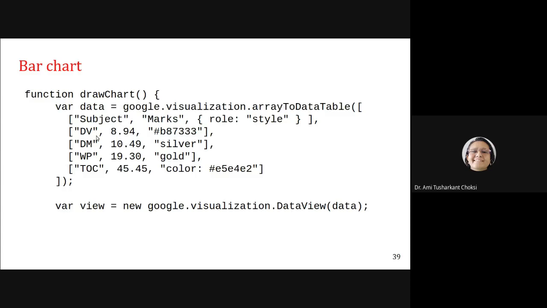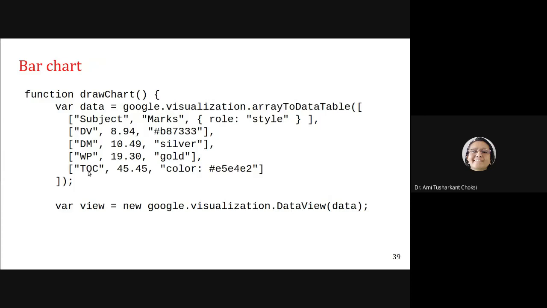Fine? Okay. So subject is DV. Then marks say 8.94, and the style, that is the color we want to specify here. Then DM, you can say 10.49, color is silver. WP, the marks, then the color is there.